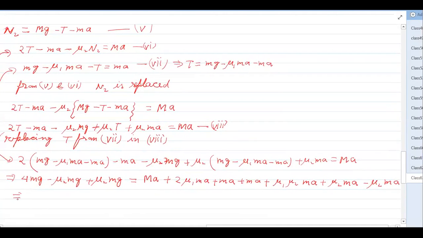Now if we solve it, it will be G times 4 small m minus mu2 m. So these two are cancelled. Okay, so we have only this much.